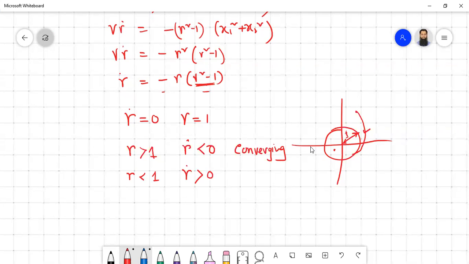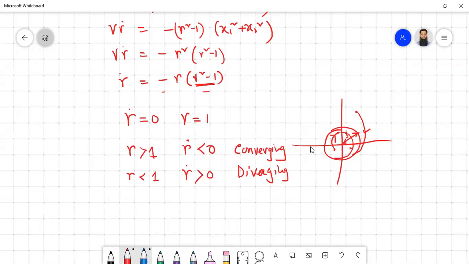So if it is positive, your trajectory will again increase and eventually will be converging to the limit cycle. Okay, so increasing nature, so basically it will be diverging from the inside.